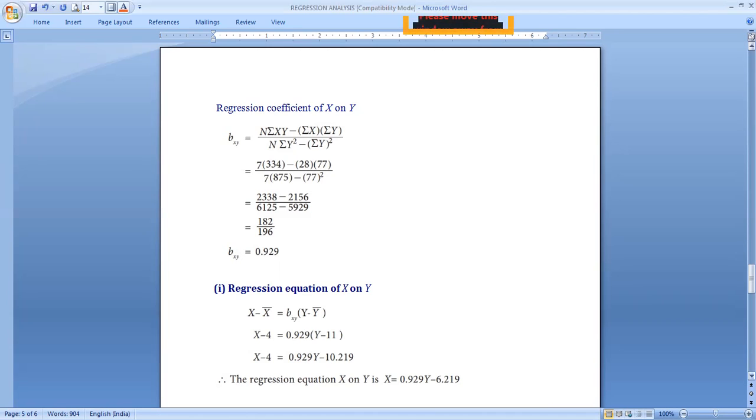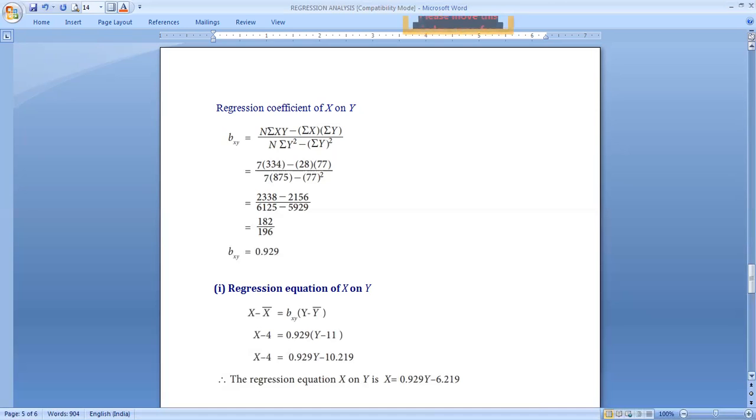So now we have to put the values which we found earlier in the above part of the solution. x minus 4, where 4 is the value of x bar, and the value of bxy is 0.929, and y minus y bar, where the value of y bar is equal to 11.